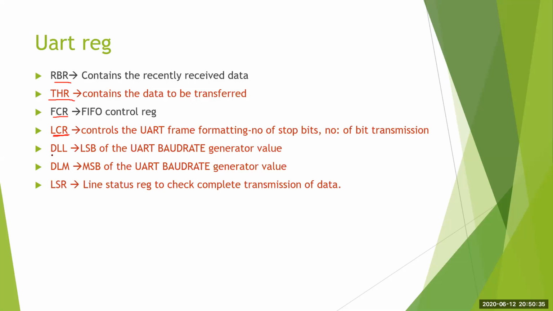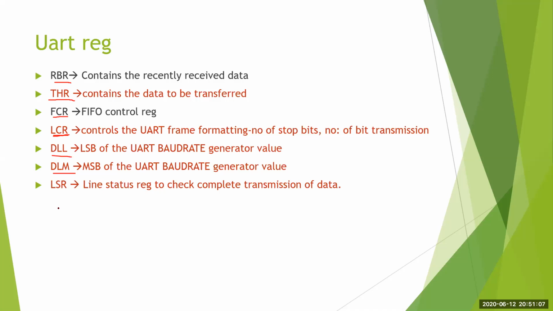Next you have DLL and DLM. DL stands for divisor latch LSB and divisor latch MSB. Any particular transmission or reception depends upon the speed of data transmission. Whether you are transmitting or receiving data, the process takes place depending upon the baud rate.